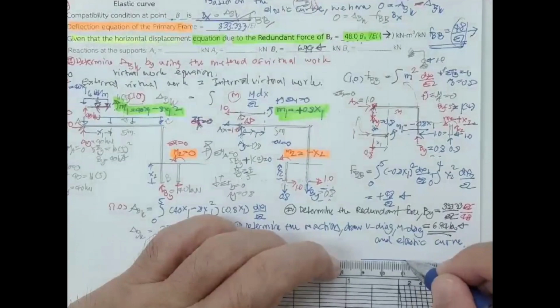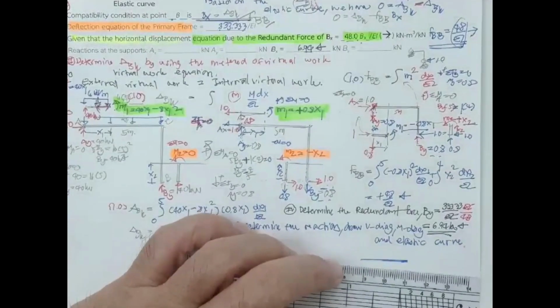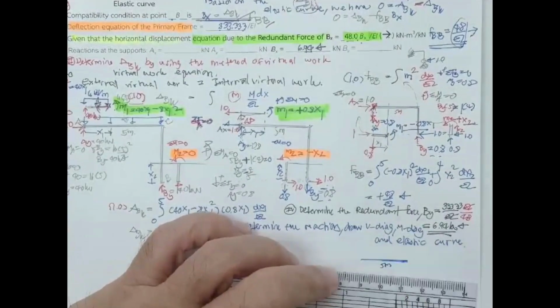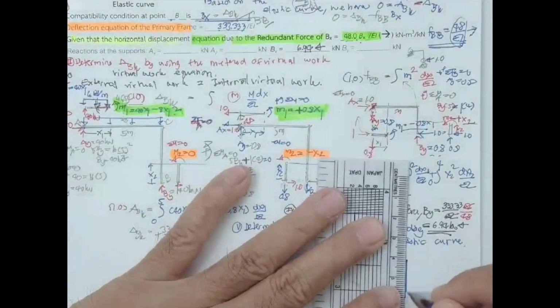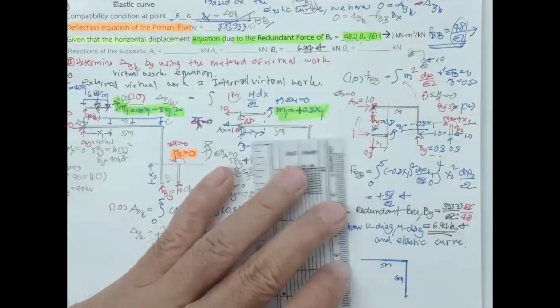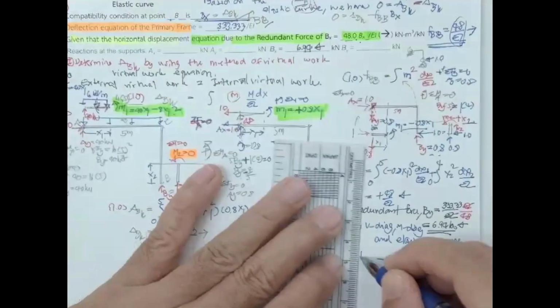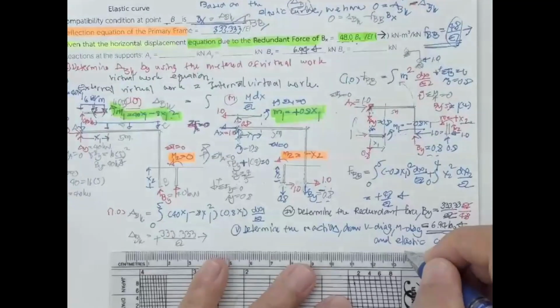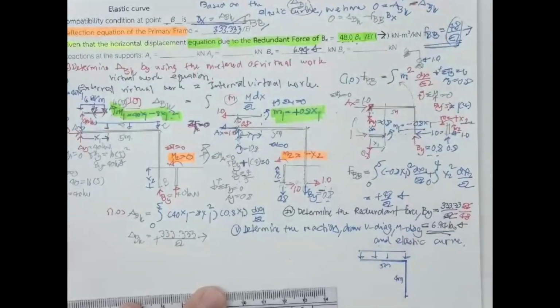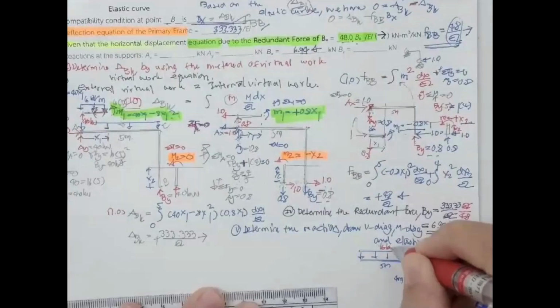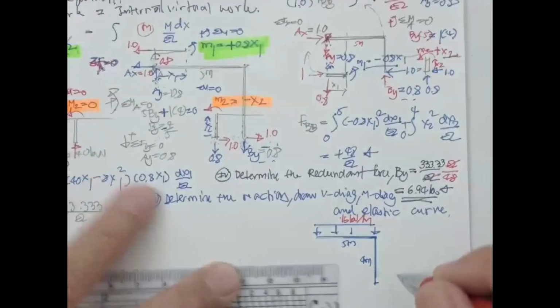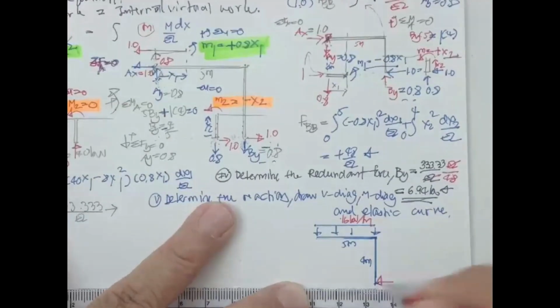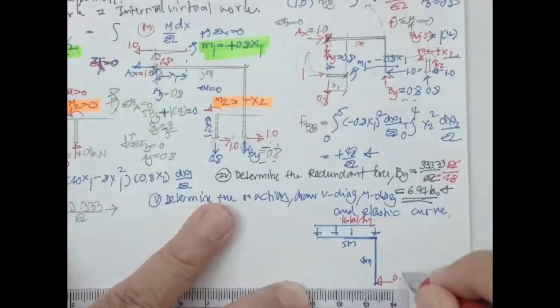We have the frame 5 meter, and then we have this one for 4 meter, subjected to 16 kilonewton, 16 kilonewton per meter. Let me zoom in. You get the redundant force to be 6.94 kilonewton.